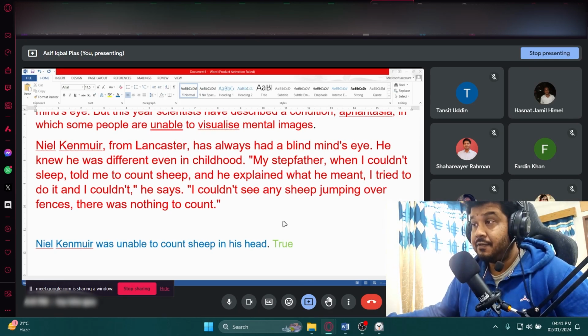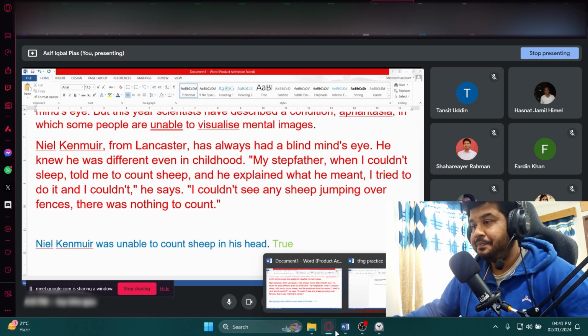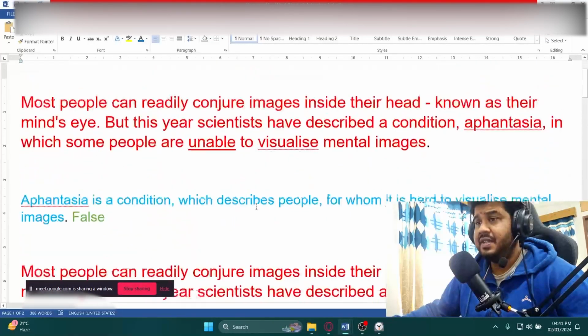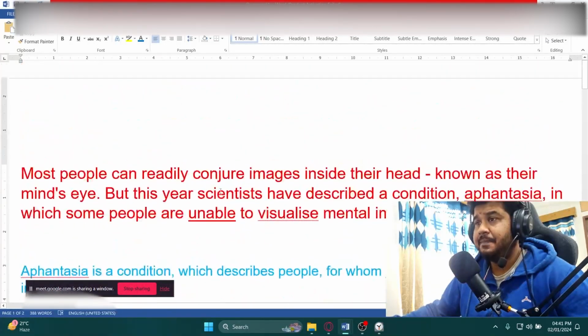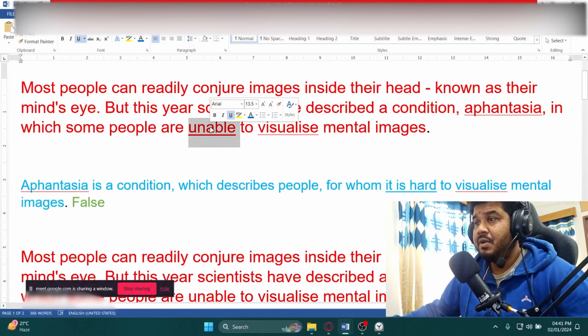However, when it's false, you can still find the contradiction in the text, right? For example, in the previous examples, it says unable to and it is hard to. Meaning here it says they can't do it at all, here it says they can do a little and can't do a little. So it's the opposite or contradictory.